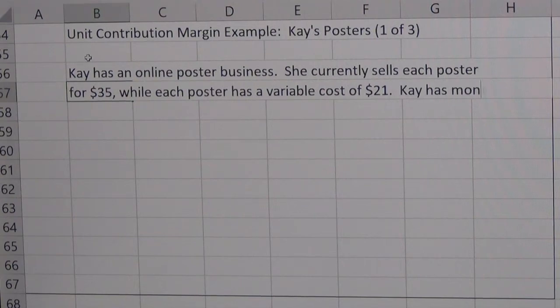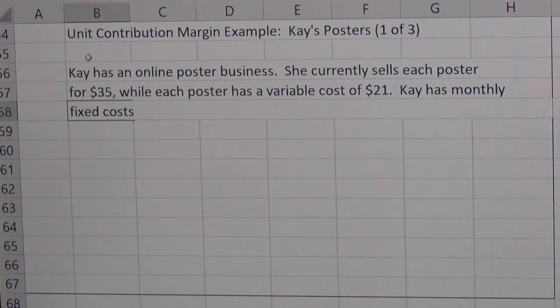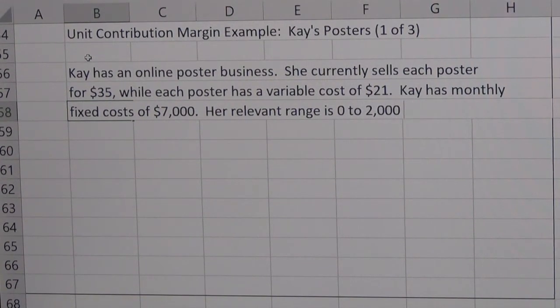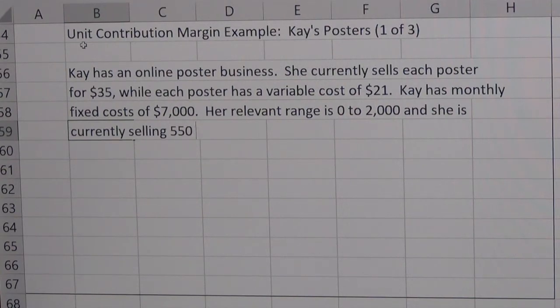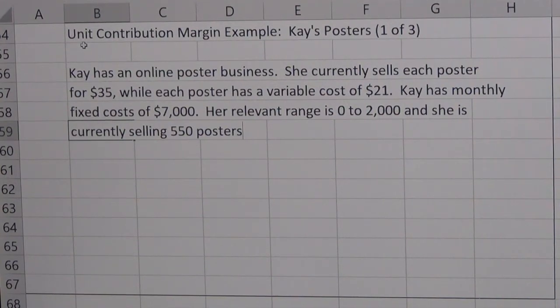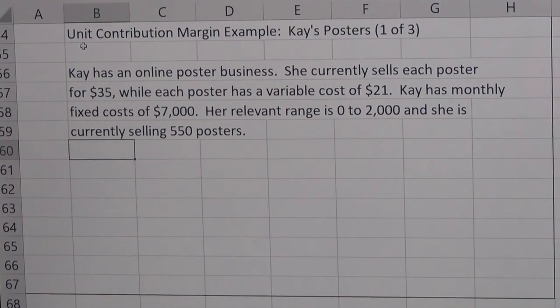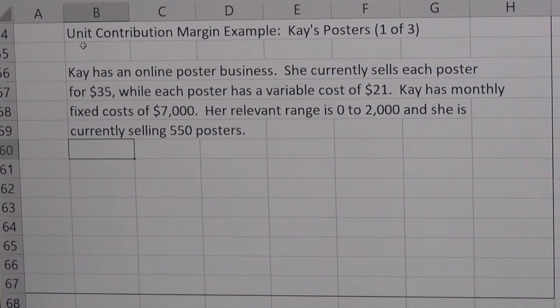K has monthly fixed costs of $7,000. Her relevant range is 0 to 2,000 posters, and she is currently selling 550 posters. All right, so now we have a pretty good example here where we can get started.